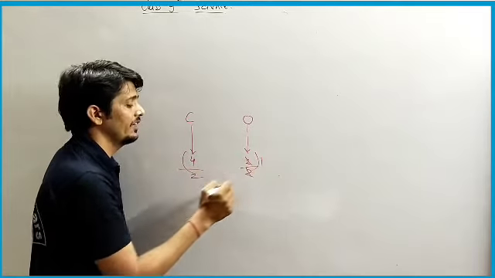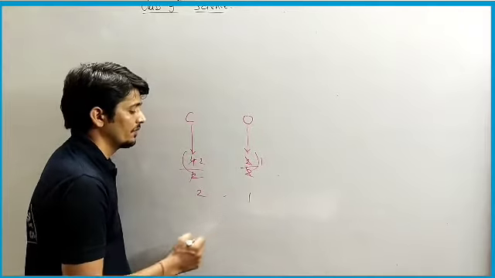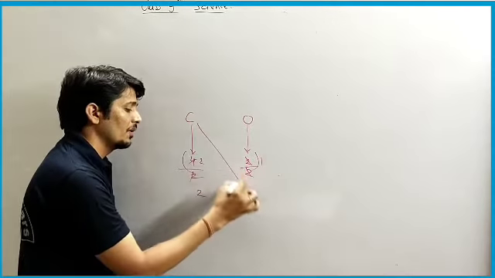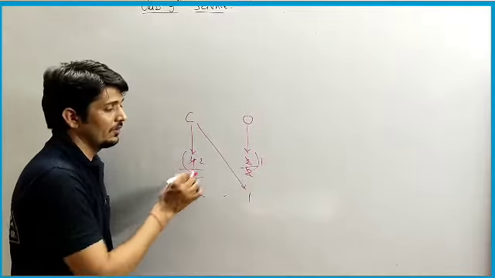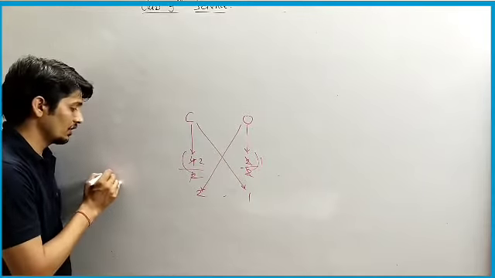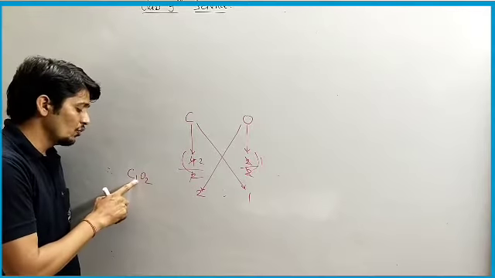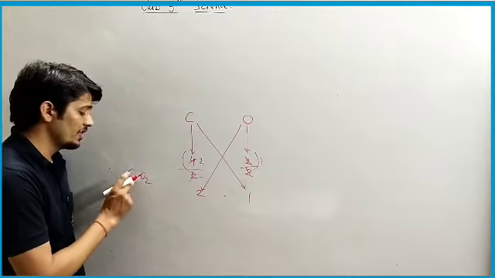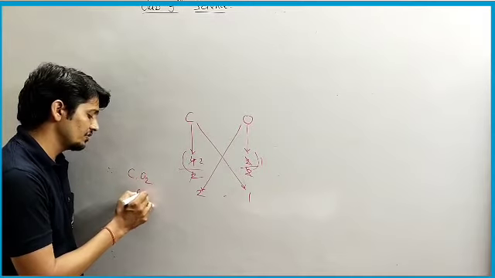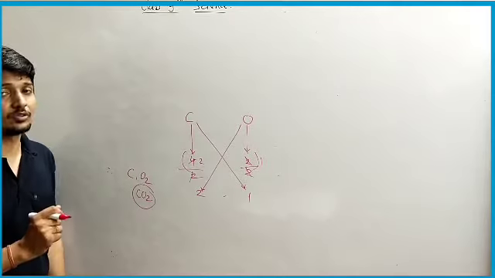So 4 by 2 is 2 and 2 by 2 is 1. That means carbon will require 1 atom and oxygen will require 2 atoms. Therefore the compound will be C1O2. ये जो 1 है इसको रिप्रेजेंट नहीं भी किए तो भी चलेगा. So it will be CO2. And what is CO2? It is carbon dioxide.